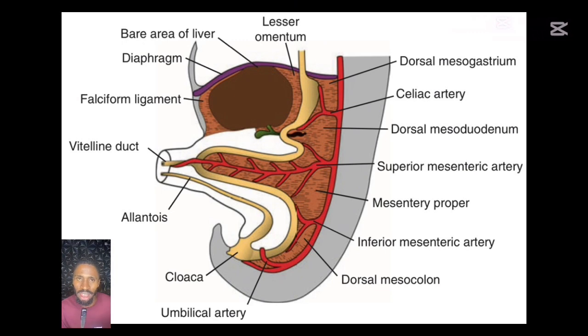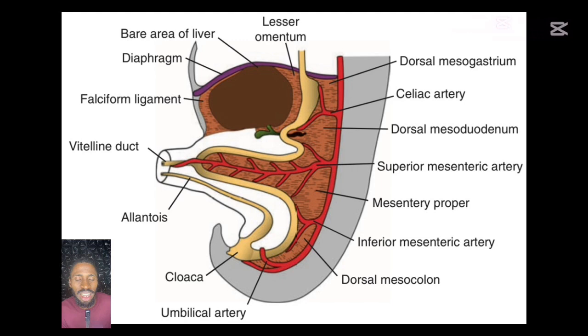So don't forget, the stomach is covered by the mesogastrum down to the spleen. The duodenum is covered by the mesoduodenum, the colon by the mesocolon, while the mesentery proper covers the jejunum and the ileal loop. So all these parts are covered by what? By the mesentery. So we have discussed what the dorsal mesentery is and where it covers.